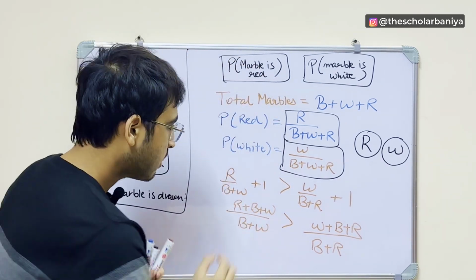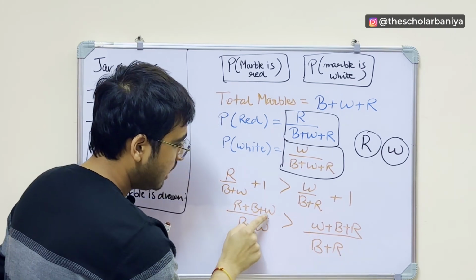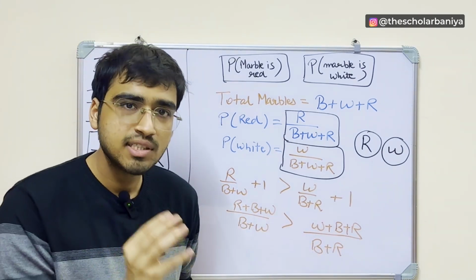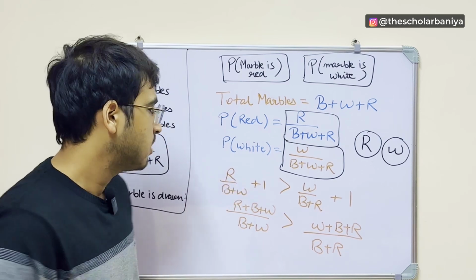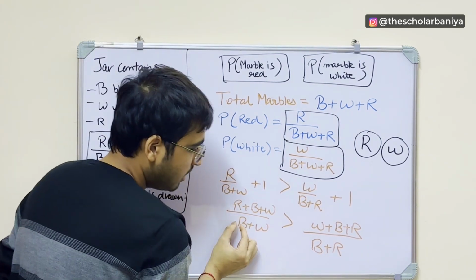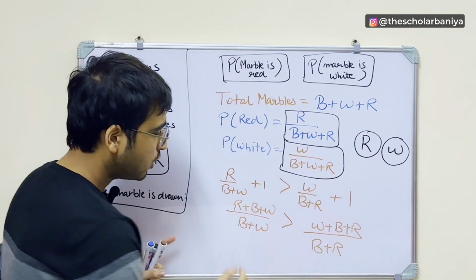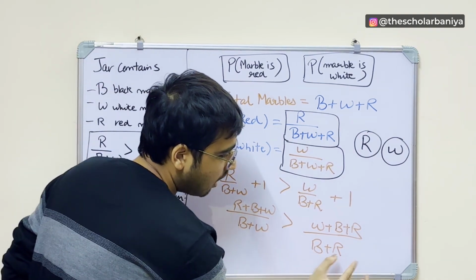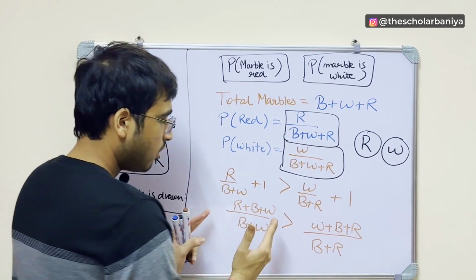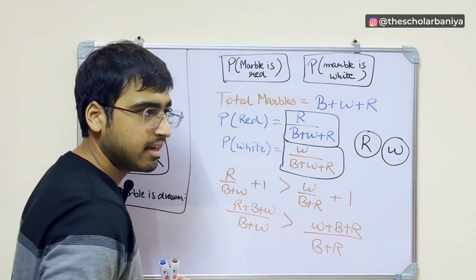Now if you see, the numerator becomes the same, W plus B plus R, W plus B plus R, right? So this was the intention of adding 1, right? Now tell me one thing, over here in the denominator, B is also the same. The only difference is W and R over here, right? The numerator is the same in both these things.